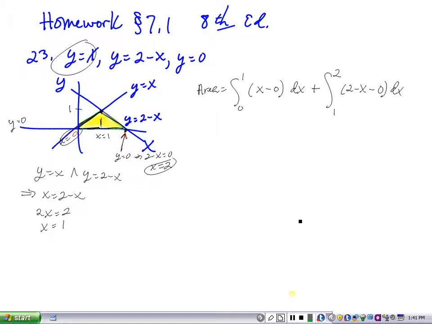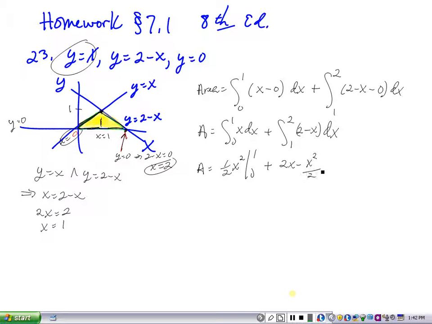And so in calculating this area, we have the integral from 0 to 1 of x dx plus the integral from 1 to 2 of 2 minus x dx. So the area is 1/2 x squared, integrated from 0 to 1, plus 2x minus x squared over 2, integrated from 1 to 2.